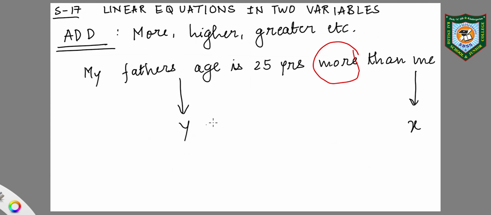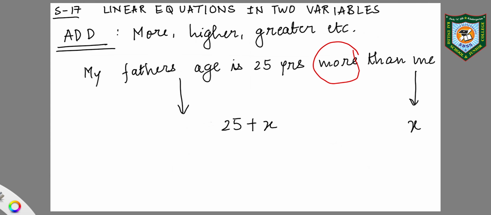That means y, my father's age, is 25 years more. More means we have to add. So I have to write 25, more means plus 25, plus than me. But my age is x. So I can write y is equal to 25 plus x. So instead of writing y, now I just have to write 25 plus x as my father's age.